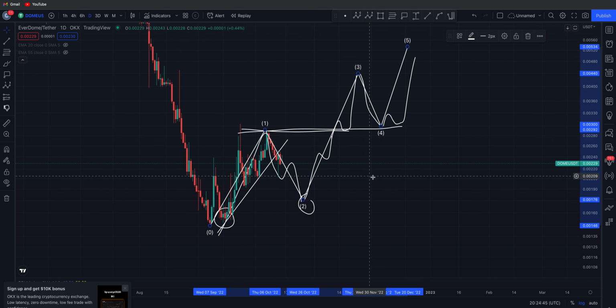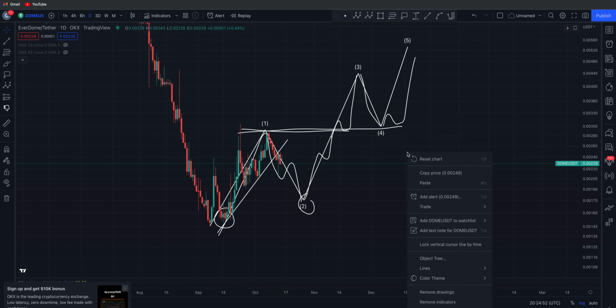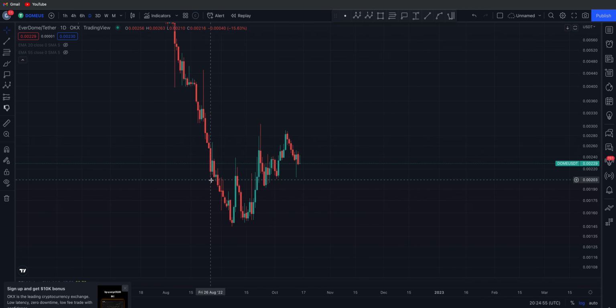It's just guesstimations right now, but you can see that if this is a wave 1, you get a higher wave 2, you are looking for that breakout, and it would be a good long opportunity to go for on Everdome.